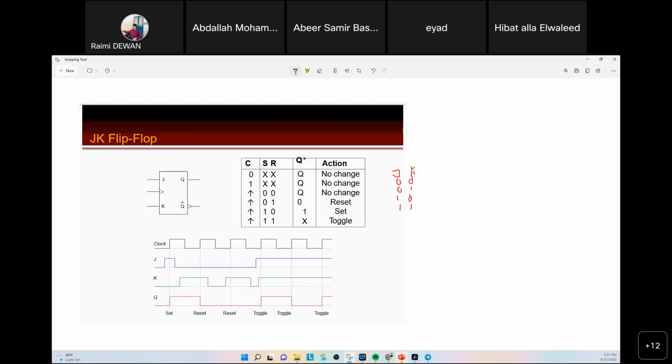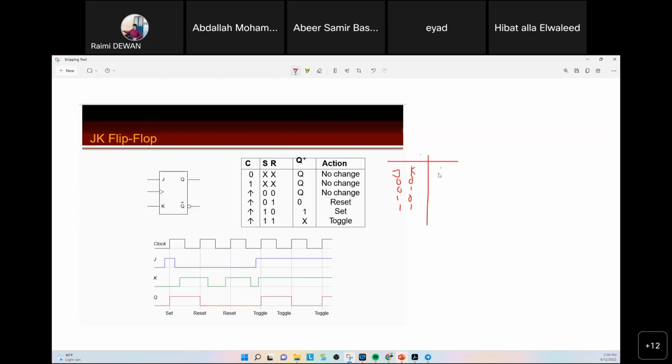There is a characteristic equation, function table, and excitation table, and they are different. For example, the characteristic equation of a flip-flop specifies the flip-flop's next state as a function of its current state and inputs. So what we're having now is the characteristic table.